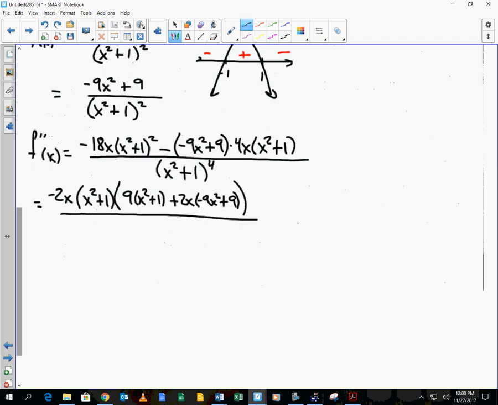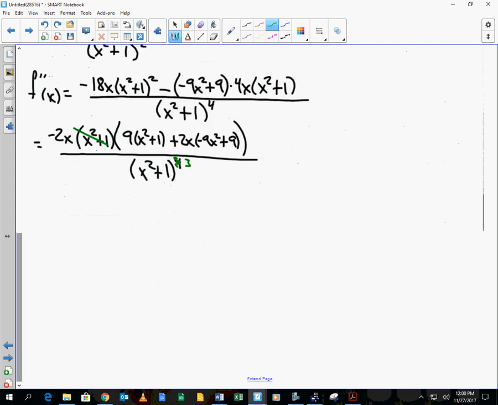All over, take out one of the x squared plus 1s. Let's get rid of that. So I've got negative 2x in the numerator times, what am I going to end up with here? I've got a 9x squared and a, wait a minute, not the 2x, just the 2. 9x squared and a negative 18x squared make?